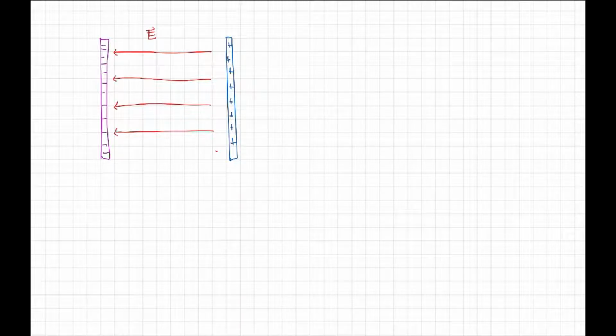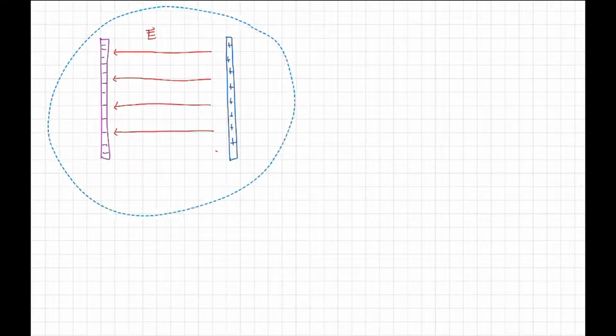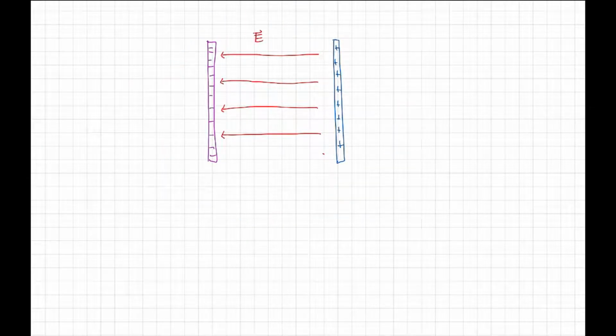Okay, I'm going to put a surface in there, a closed surface. And to make it easy to think about the flux, I'm going to pick a surface whose sides are either parallel or perpendicular to the electric field. Because as we talked about in the last lecture, it's easiest to think about those two situations because then you either have maximum flux or zero flux through your surface.